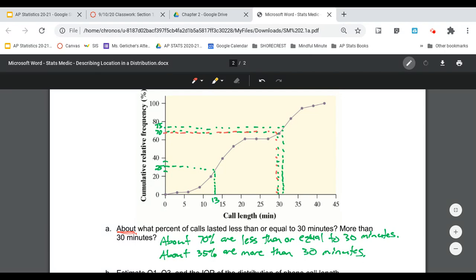And I guesstimated around 70%. You might have gotten something a little bit different. That's fine. It's an estimate. So 70% are less than or equal to 30. Not 35, because apparently your math teacher can't do math. That would make about 30% that are more than 30 minutes.